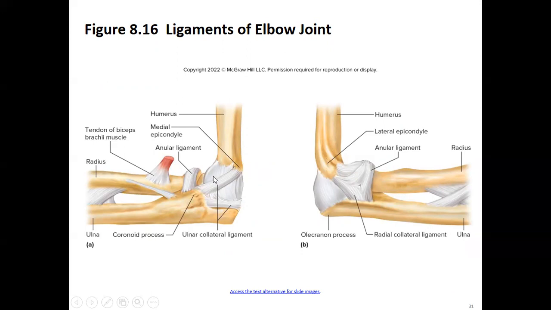And here you have the head of the radius. So this is the radius, this is the head of the radius, this is your humerus. And because of the way this joint articulates, this allows you to supinate and pronate the palms of your hand.